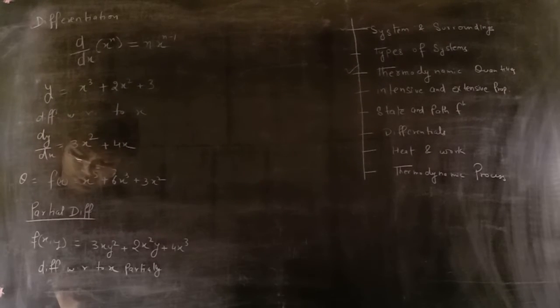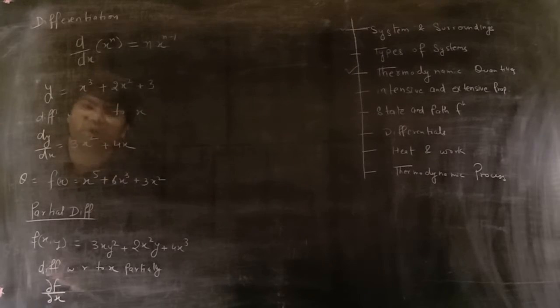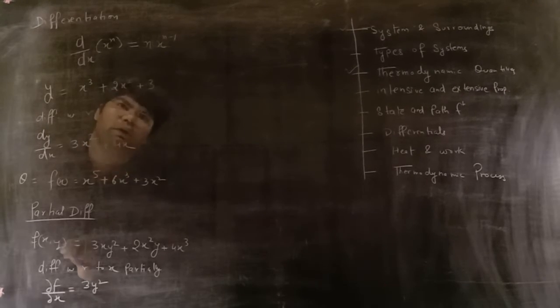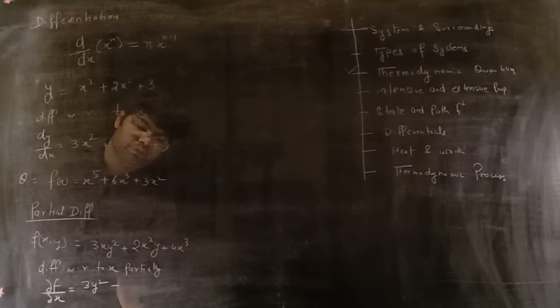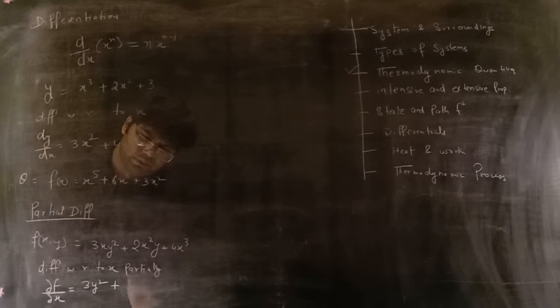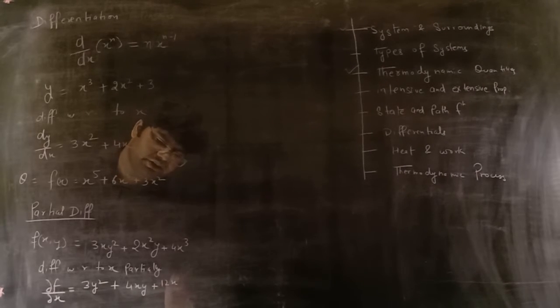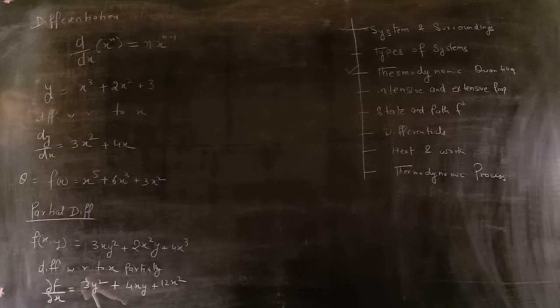Here the symbol of partial differentiation will be used: del f over del x is equal to 3y square plus 4xy plus 12x square. I have taken y as constant and just differentiated this equation with respect to x.